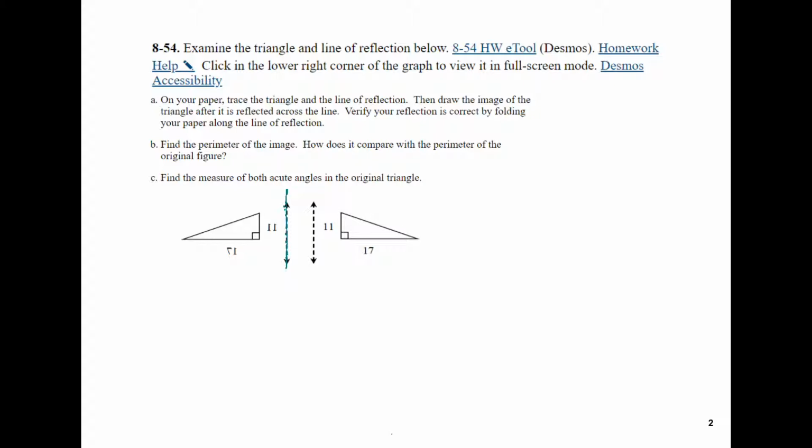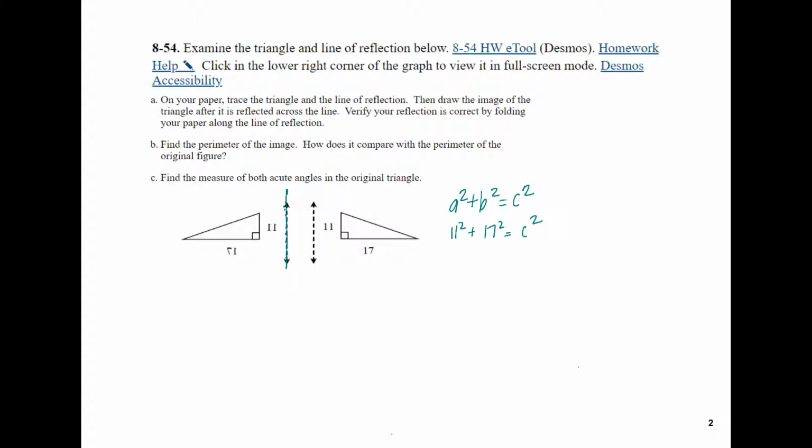So in order to find the perimeter when we're working with a right triangle, we can use the Pythagorean theorem, a squared plus b squared equals c squared. So 11 squared plus 17 squared equals our c squared.